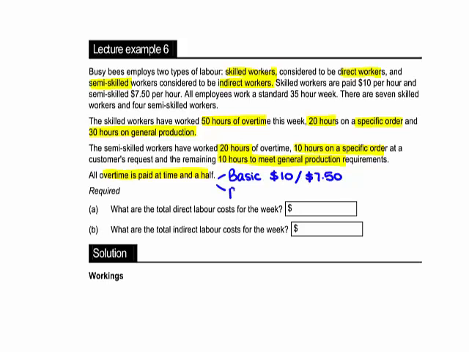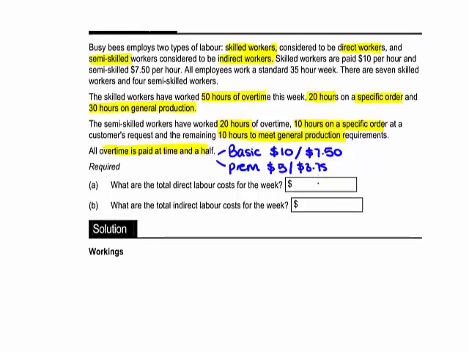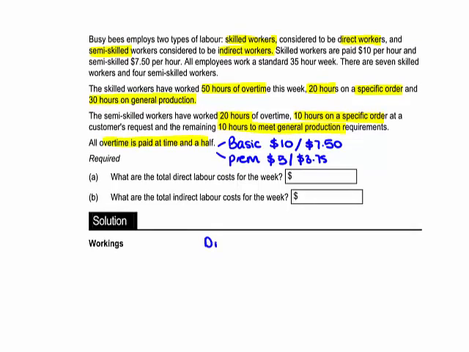And then we're going to have the premium, which is going to be at $5 and $3.75. So basically a skilled member of staff who works overtime is going to get $15 an hour rather than their standard $10 per hour. And what we want to do then is to classify our labour costs into direct and indirect costs. So probably worth setting up a little list similar to the table.